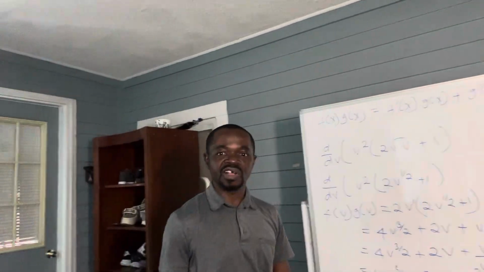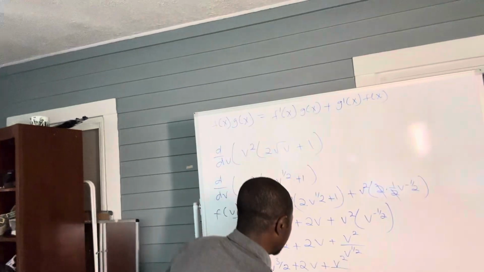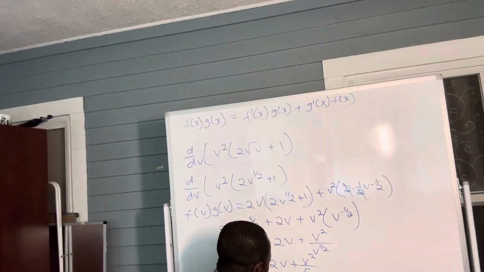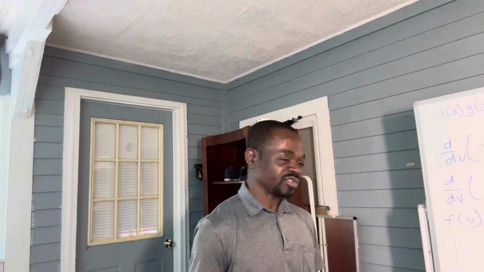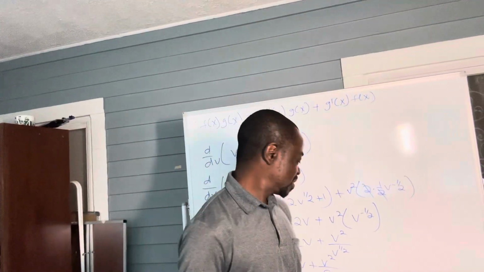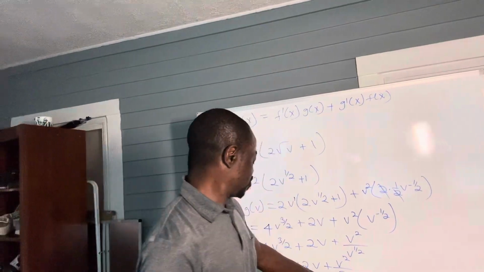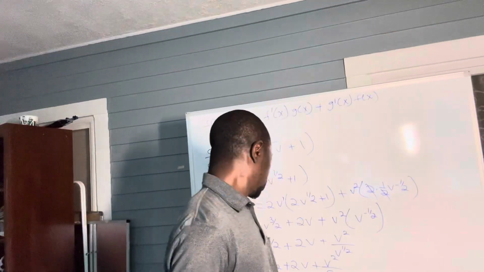v raised to the power half is the same as the square root of v. Alright, so we cannot just leave it like that. We have to simplify it. Be sure that the square root of v shouldn't be down here. We have to eliminate that. So how do we do that?